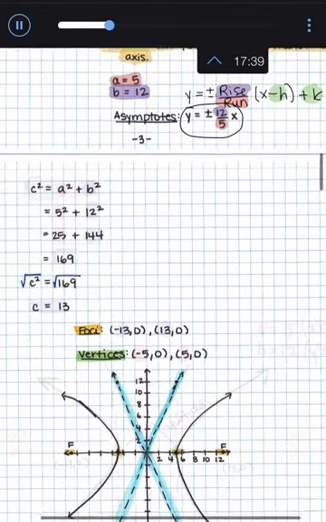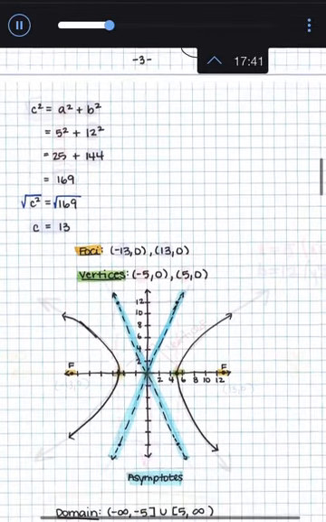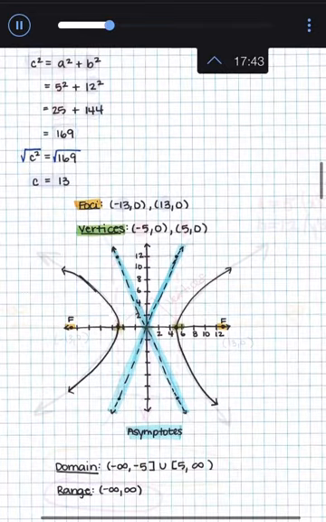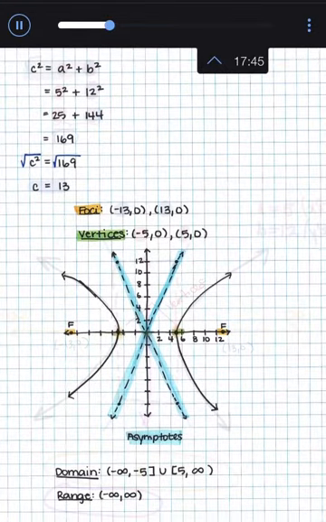Also, that helps us with the asymptotes. We've got the center. I also need vertices and foci. Well, vertices are going to be based on the fact that this graph opens left and right, and that the a is 5 for that major axis because the x comes first.